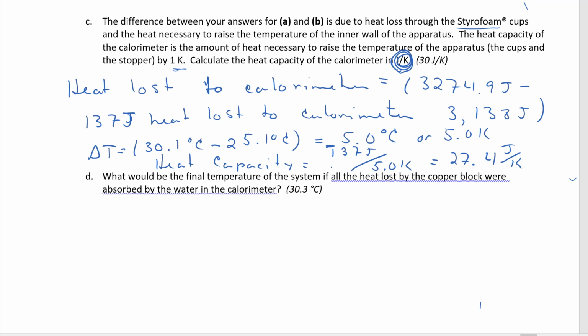And go back and take a look at that and you'll see. So I went ahead and I rounded that to about 30 joules per Kelvin for the heat capacity of the calorimeter.